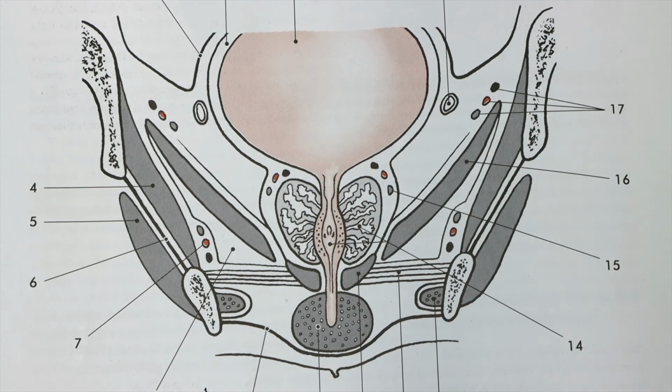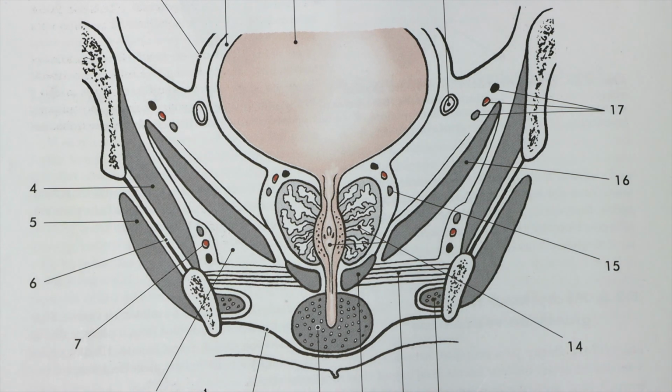So this is a very nice frontal cross-section through the lesser pelvis and through the urinary bladder and prostate. In this picture, you have to recognize those structures that we already studied in the frontal section that passed through the pelvis.